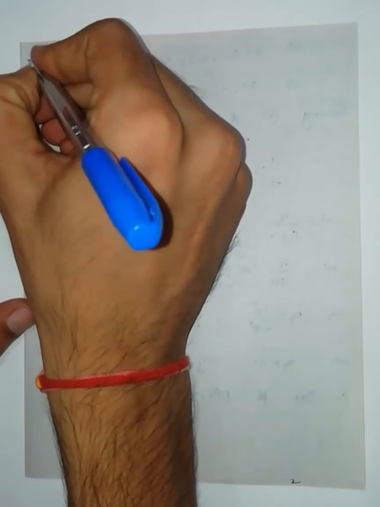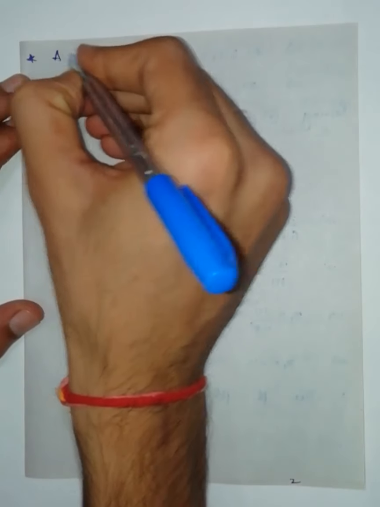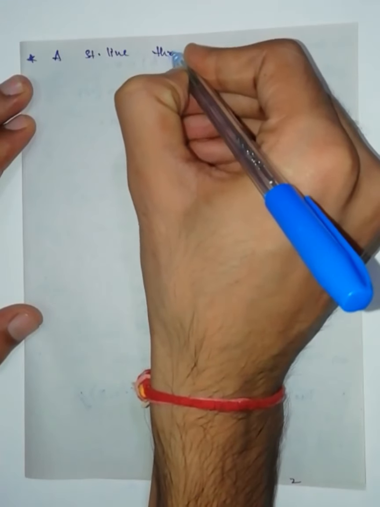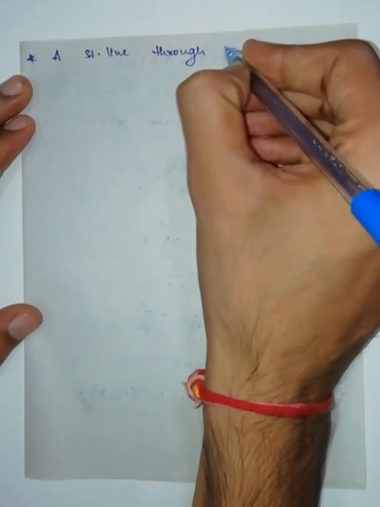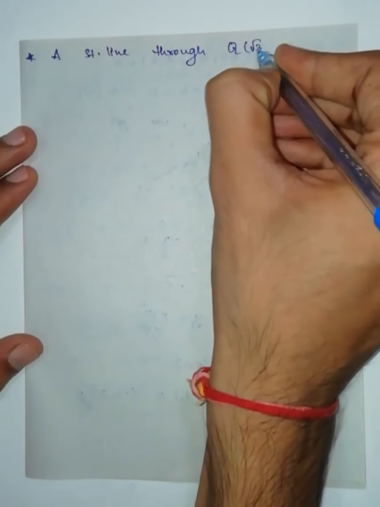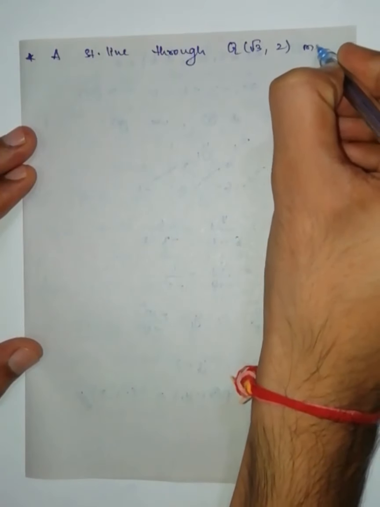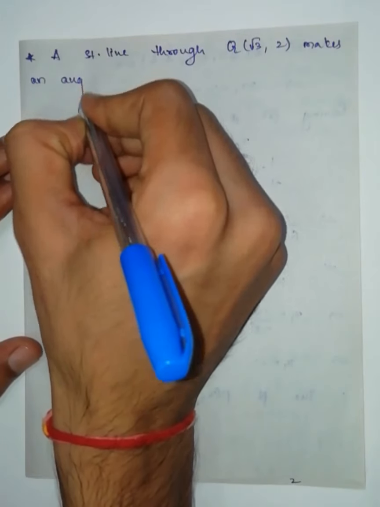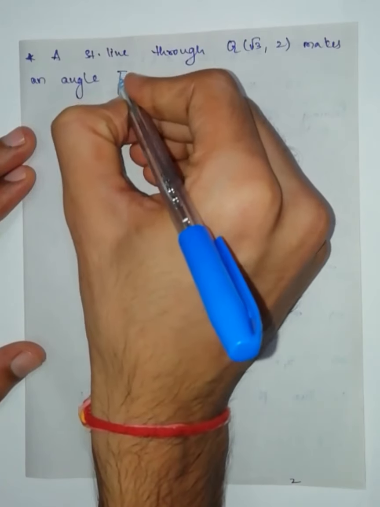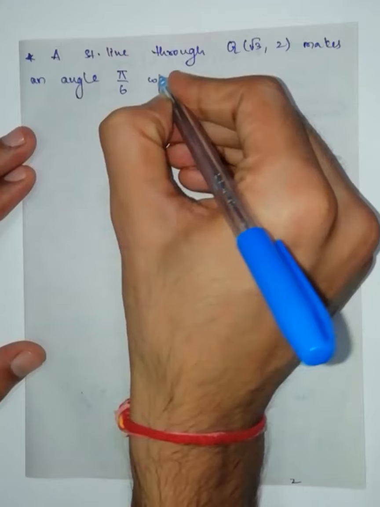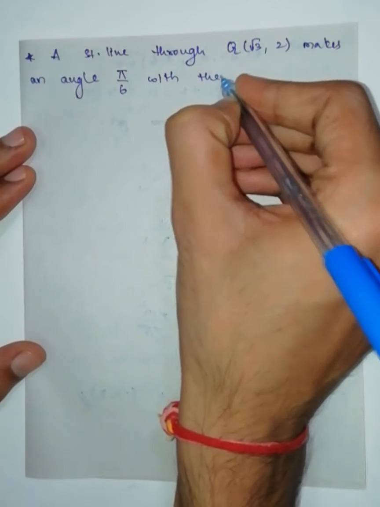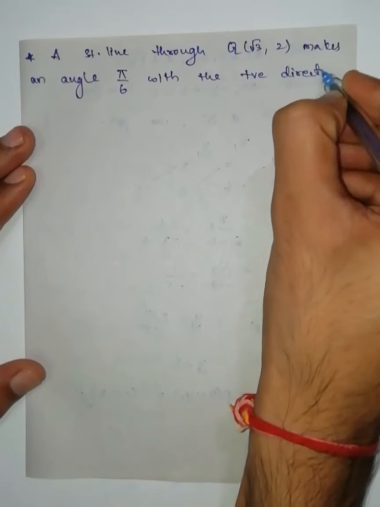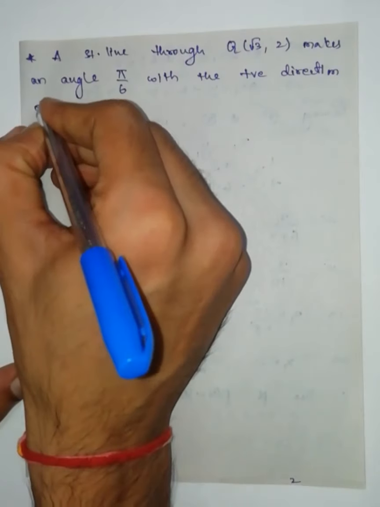Problem: a straight line through Q of root 3 comma 2 makes an angle pi by 6 with the positive direction of the x-axis.